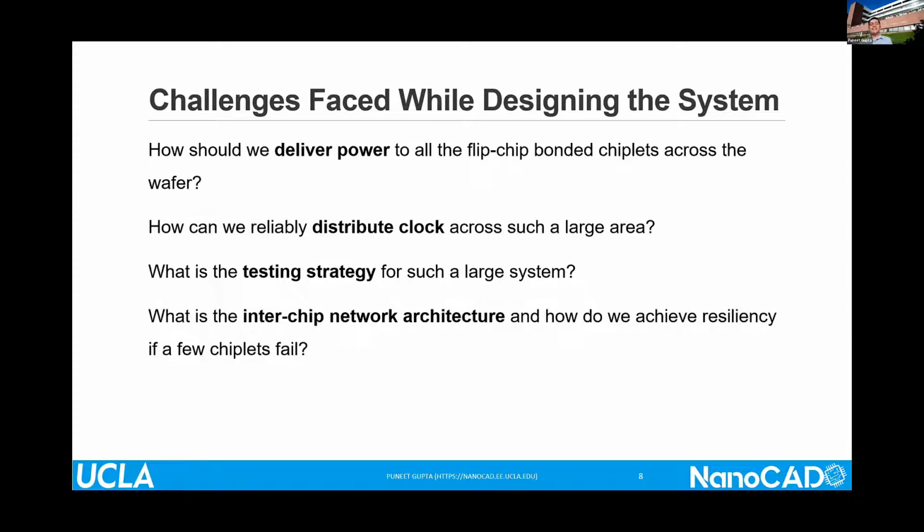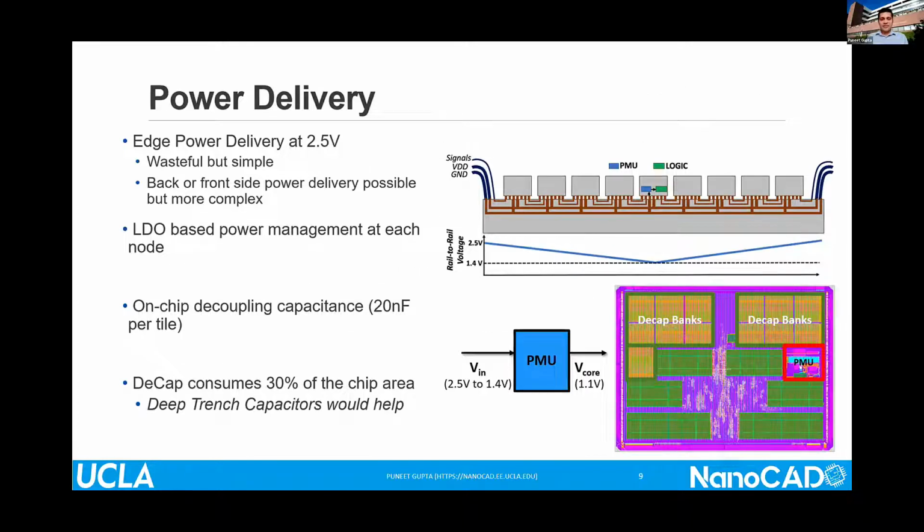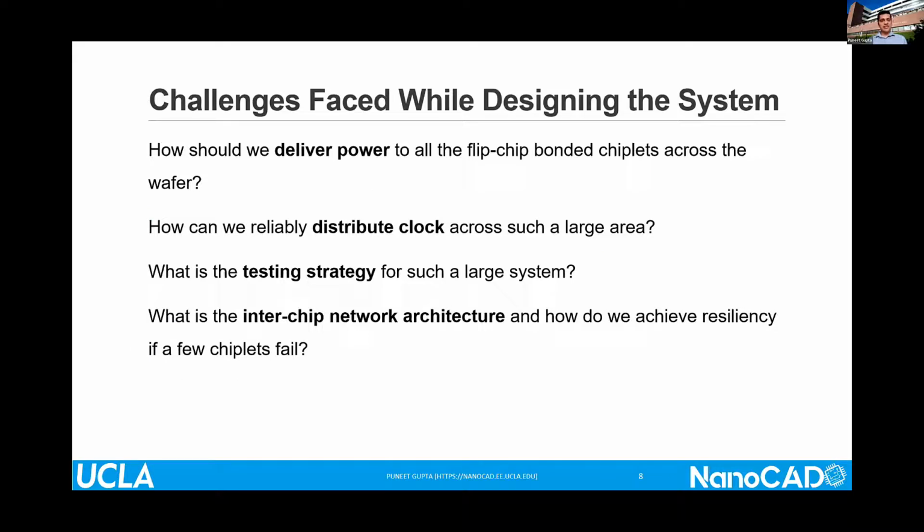So what are the challenges that we face when designing the system? First, how do we deliver power to such a large substrate? How do we reliably distribute clock to such a large substrate? How do I test such a large substrate? Some of this problem was hinted at in the previous talk as well. And finally, given the fact that even if we try our level best to get quote unquote known good die, we will never get them, what is at least some fault tolerance strategy?